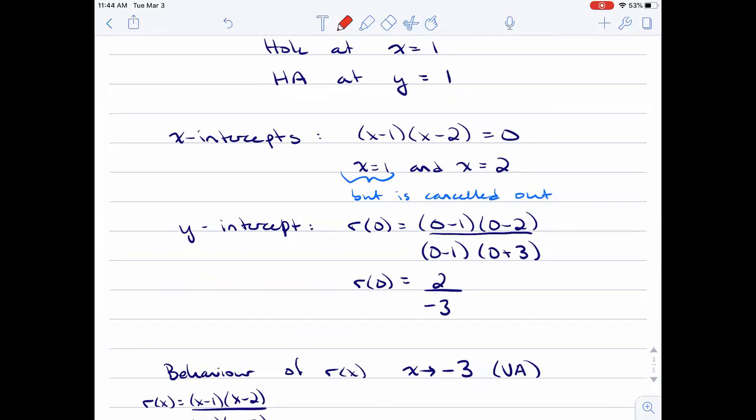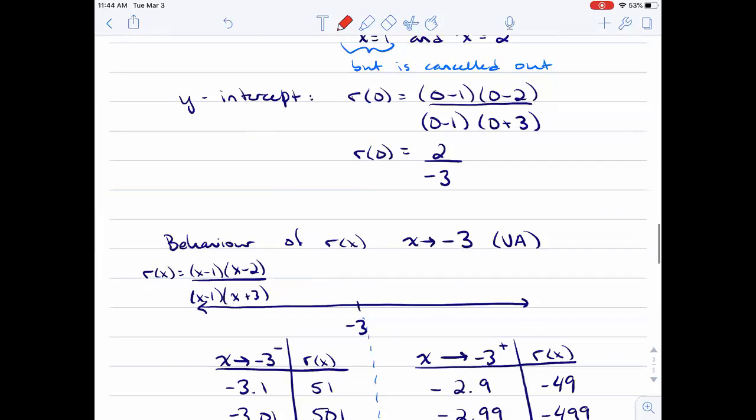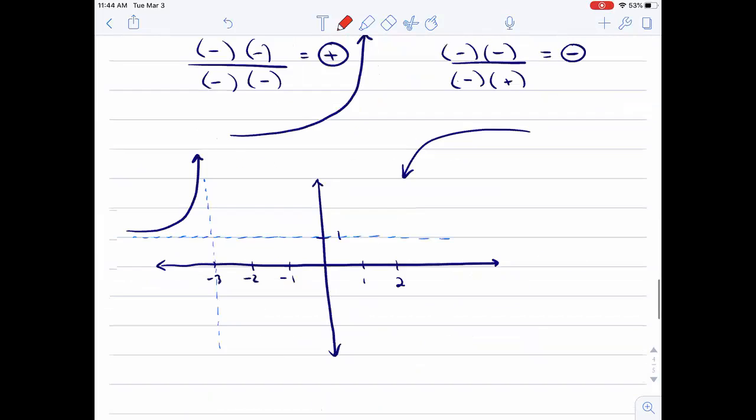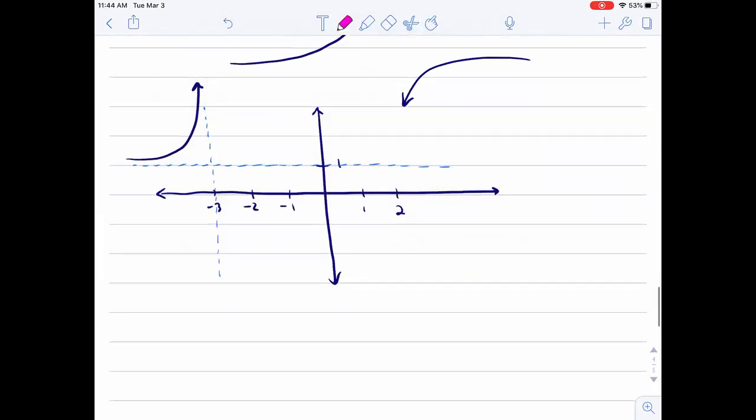So 2 over 3. Okay. Looks like I cross the axis here at x equals 2, and at negative 0.66. Well, x is 0. And here at 2, 0.